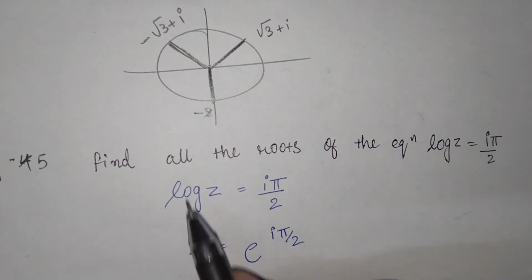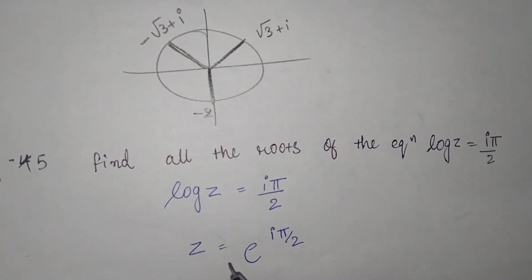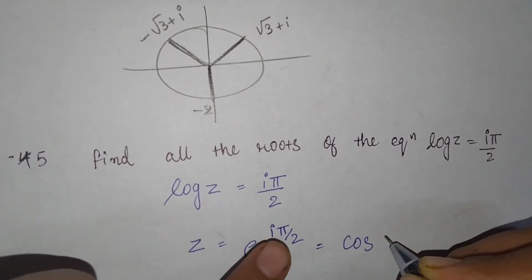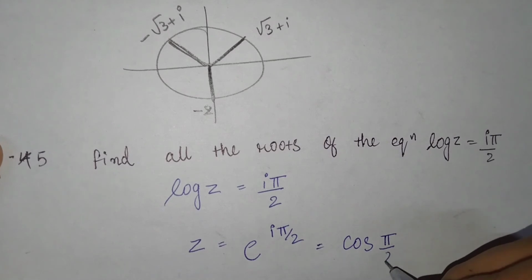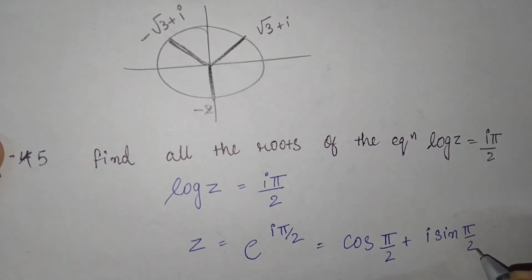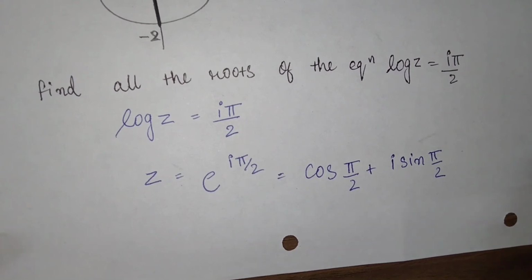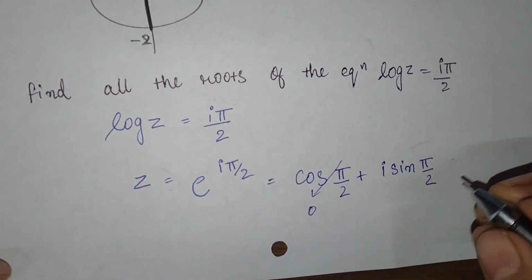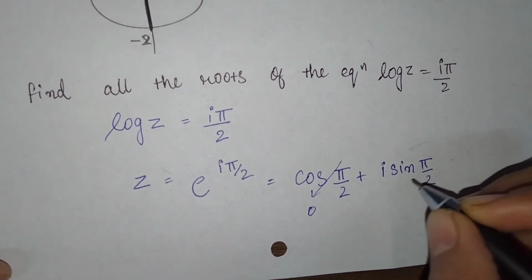To remove the log, we can write z equal to e raised to I pi by 2, and what is the formula for e raised to I theta? Cos theta plus I sin theta. So you can write cos pi by 2 plus I sin pi by 2. But the value of cos pi by 2 is 0, so you will get I into 1, since sin pi by 2 is 1.